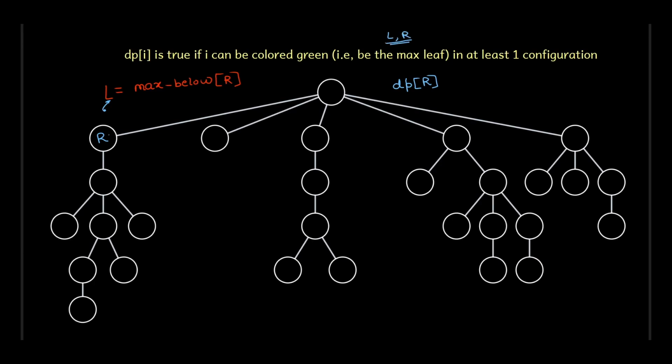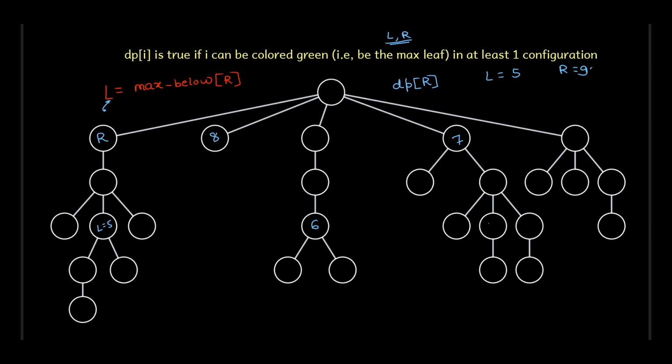That is, if this is L and this is R, let's say L is 5 and R is 9, then you locate where 6 is, where 7 is, and where 8 is.